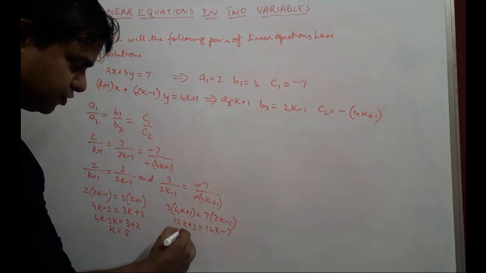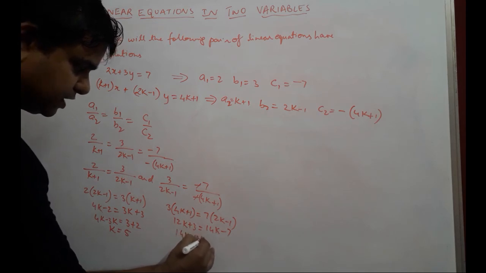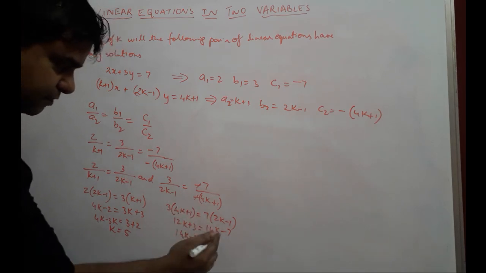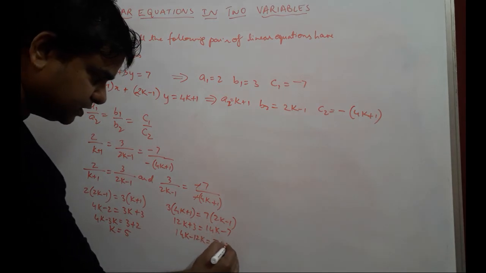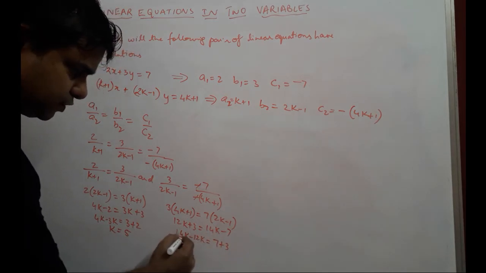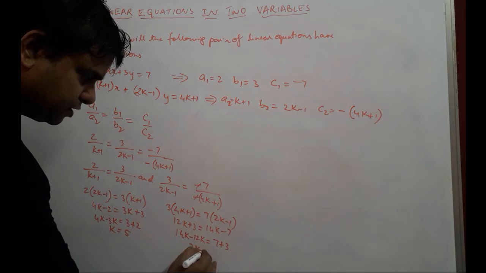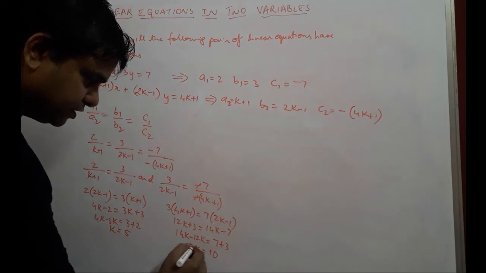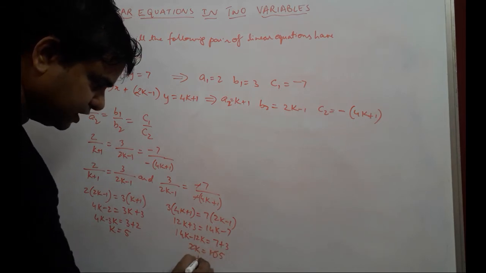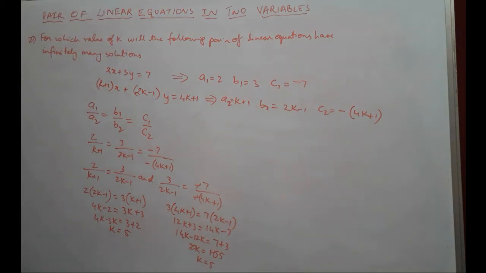So we get 14k minus 12k, so just interchange them, and we get 7 plus 3. So 14k minus 12k will get 2k, 7 plus 3 is 10. 2 ones are 2, 2 5s are 10. So k is equal to 5. Okay.